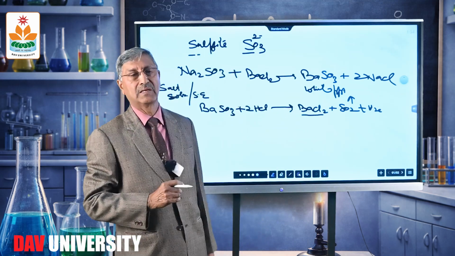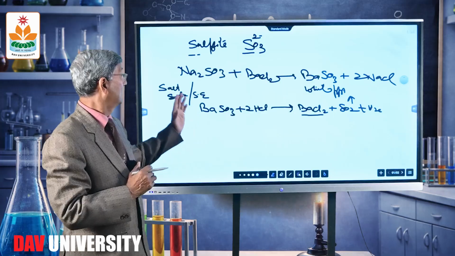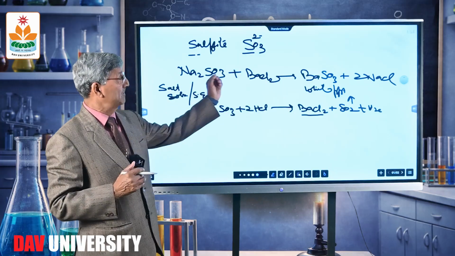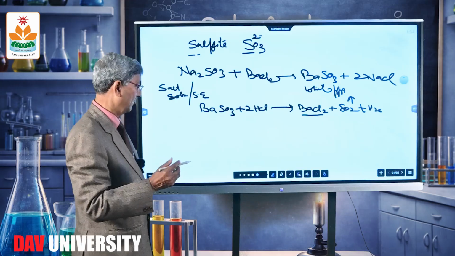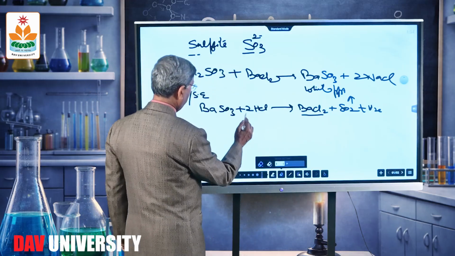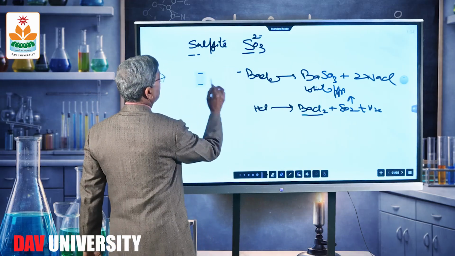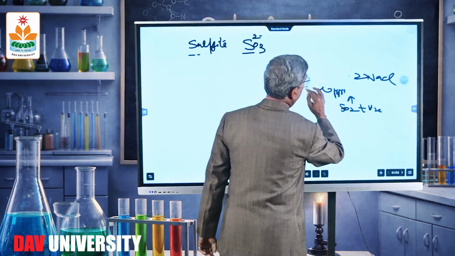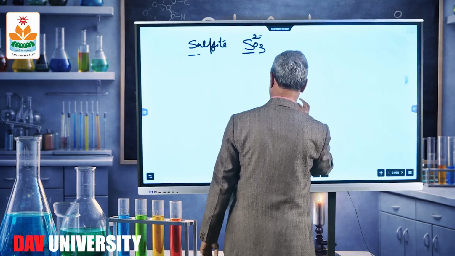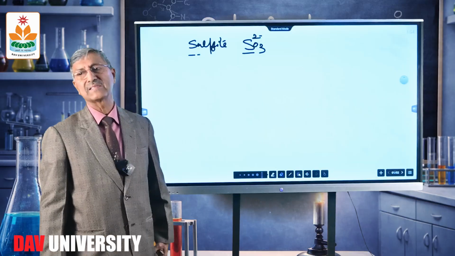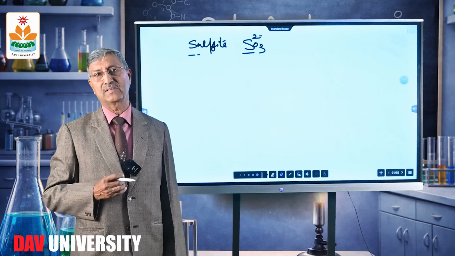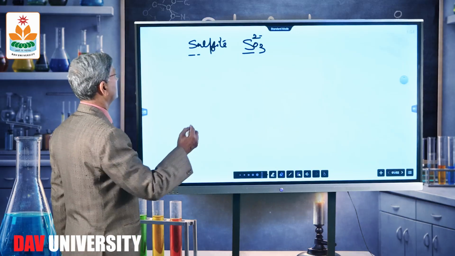So the test is that it gives a white precipitate with barium chloride, which is soluble in dilute HCl. So this was barium chloride. Then another test is again the same potassium dichromate test, but I'll be giving you another test, that is the potassium permanganate test.